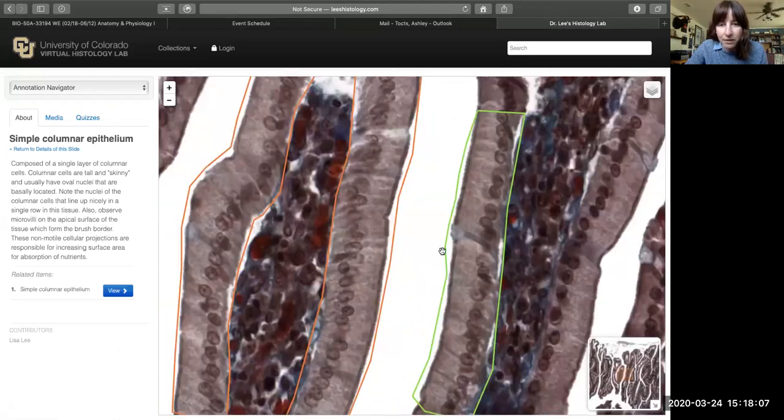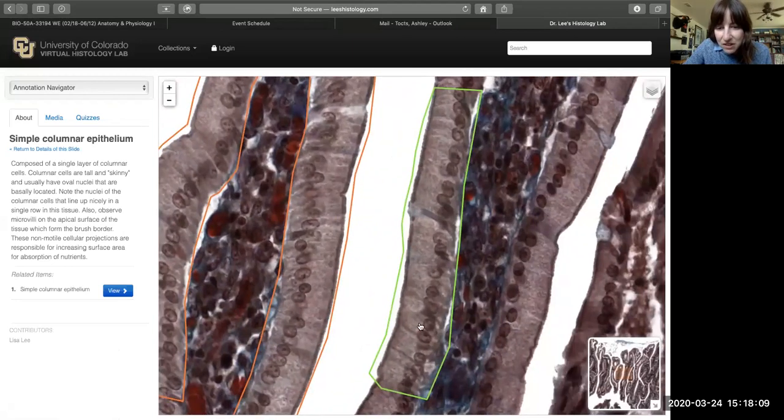I'm on fire. Okay. So you can see, again, a single row of nuclei. So we know that it is simple epithelium. These are very long, skinny, tall cells. And we've got cilia on the apical surface, right? Here's the basal surface connected to connective tissue down here.